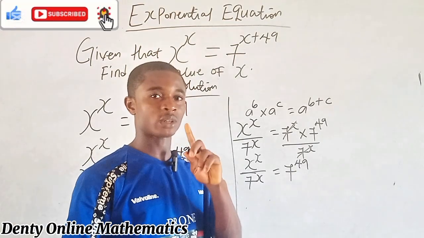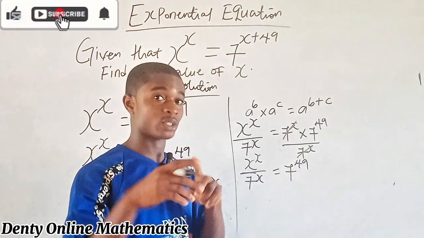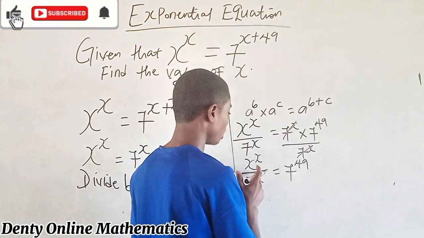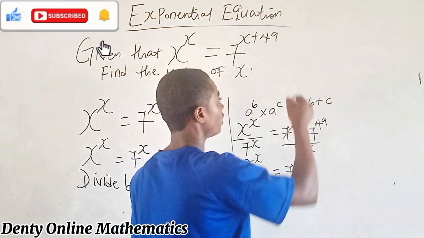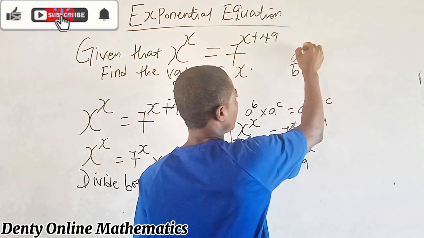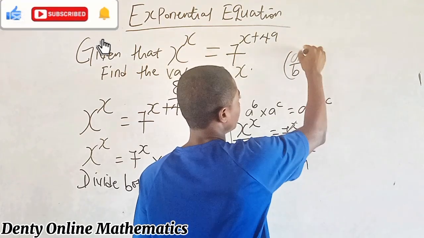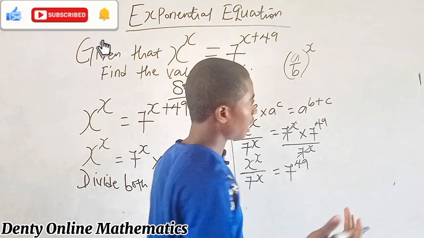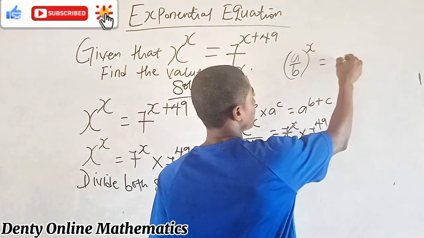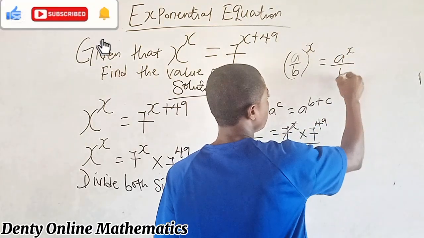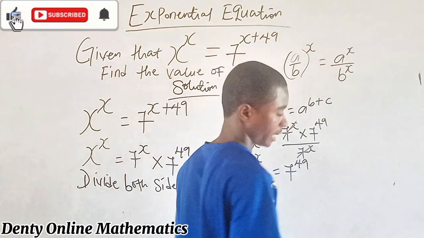Now I also introduce another law of indices, or one of the properties of the laws of indices, to you. Now, if you have a divided by b, all raised to the power of x, this is the same thing as a raised to the power of x divided by b raised to the power of x.